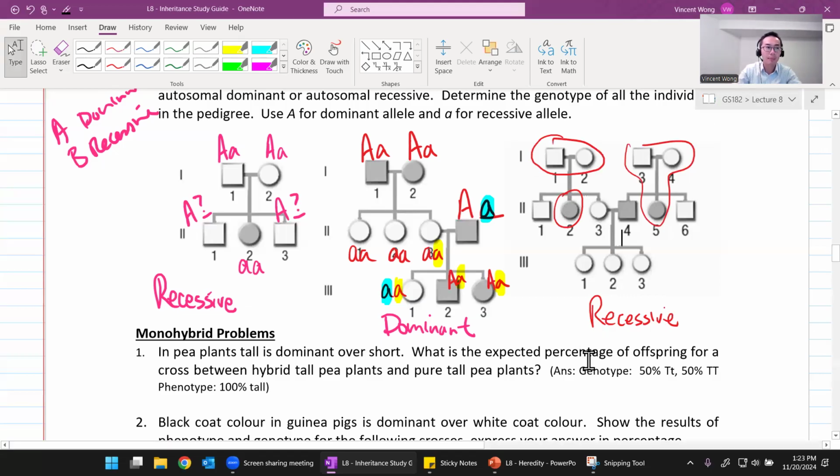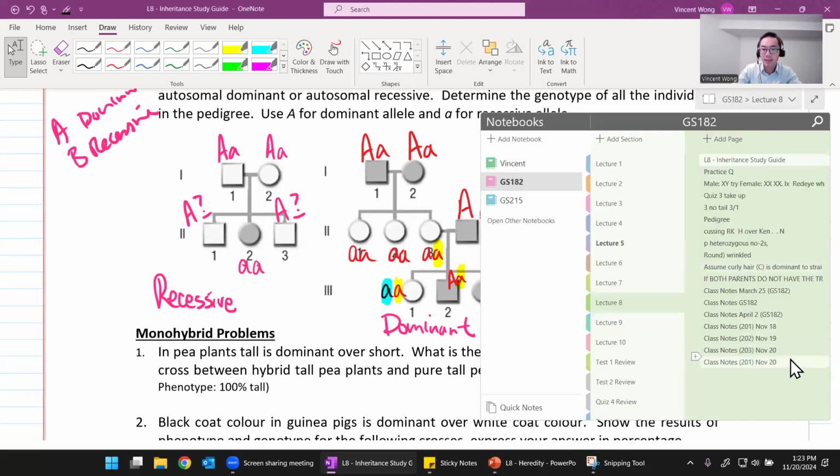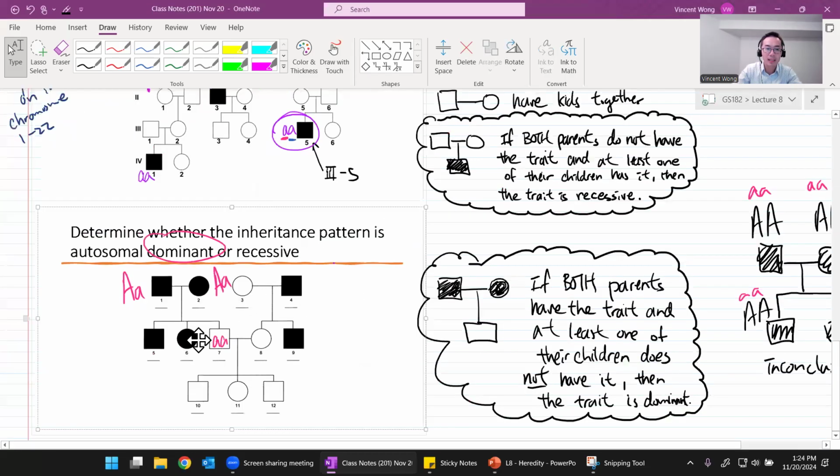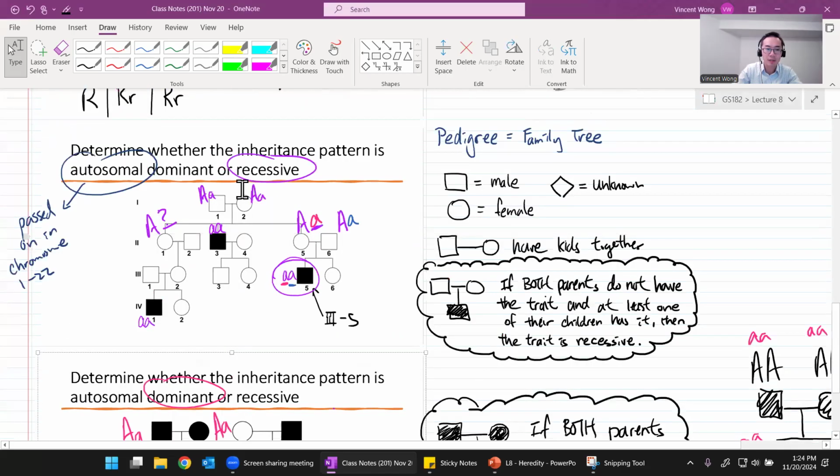Now, another thing that might be overlooked here is the fact that generally speaking, if it's a dominant trait, then it shows up more often. Whereas if it's a recessive trait, it tends to skip generations, right? Like, you have three generations that don't have it, and all of a sudden it shows up, right? That tends to be a characteristic of recessive inheritance.